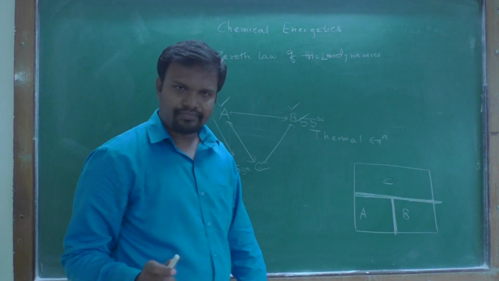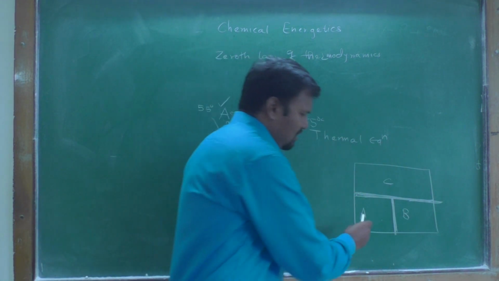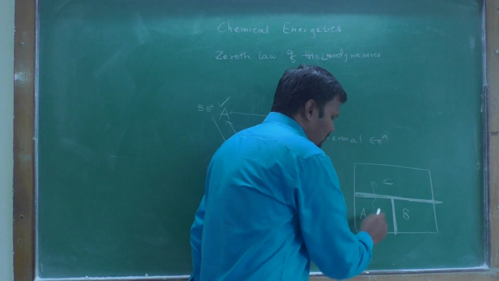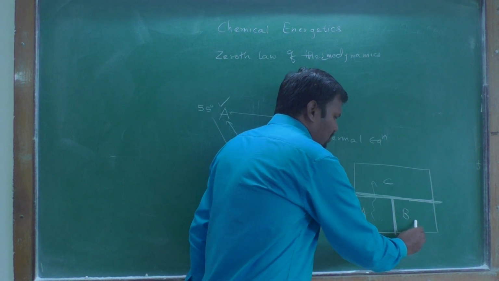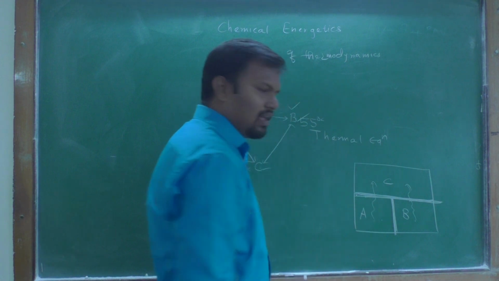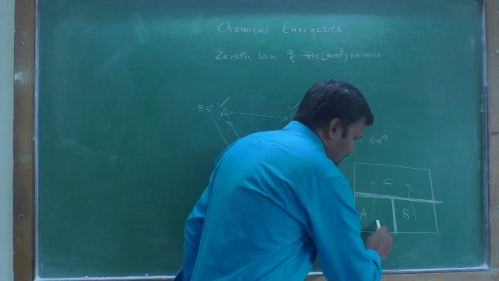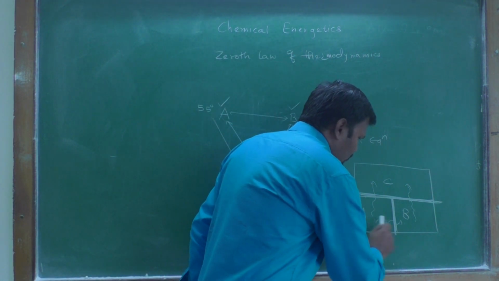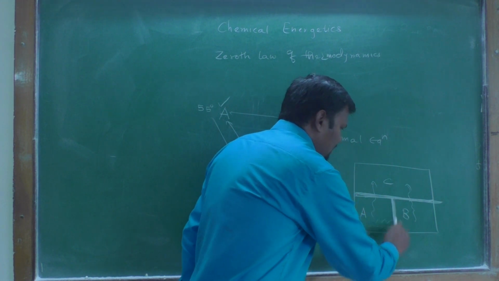Conducting separation means thermal energy can flow from A to C and from B to C, but thermal energy cannot flow from A to B because it is a non-conducting band.